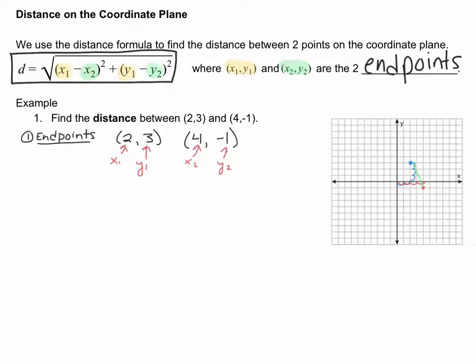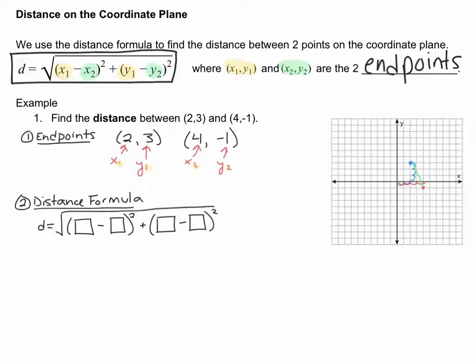Notice it's very important here that in each endpoint, the numbers match. I have x1 and y1 as one endpoint, and x2 and y2 as the second endpoint. The second thing I need to do is use my distance formula to find the distance.